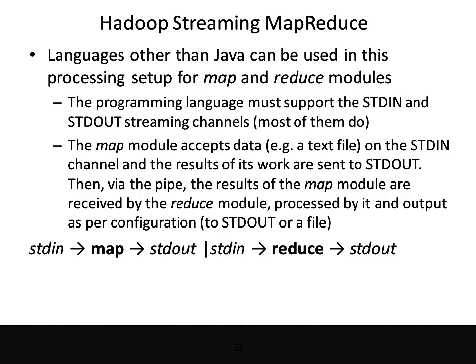This idea has been extended in Hadoop with the streaming MapReduce interface that allows us to write each of the map and the reduce steps in a simpler way. When we use this interface, what it's basically saying is the map operations we're going to perform are going to take their input from standard input. In other words, they're just going to see a stream of input. Think of it as reading a text file. They're going to process it in some arbitrary fashion, and they're going to produce an output file.